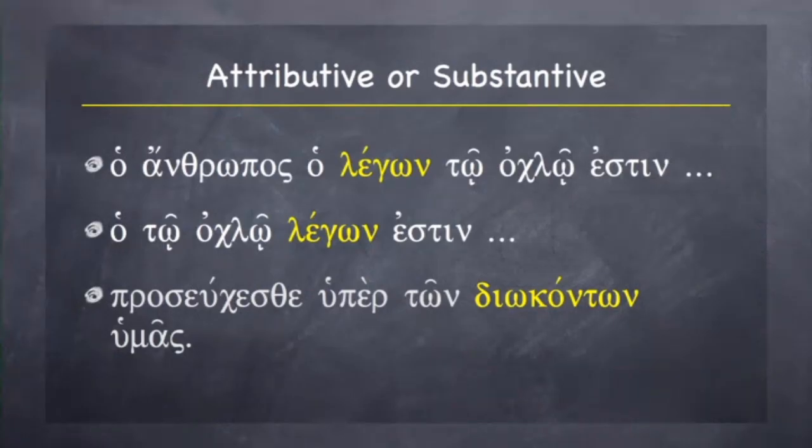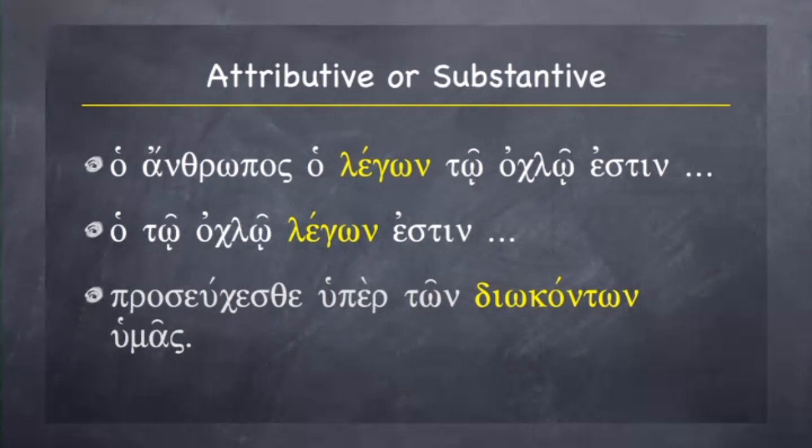In this first one, you go ho anthropos, ho legon, to ochlo estin. Obviously, the participle is legon. So we go, okay, what's the first thing I look at? Well, is it articular or anarthrous? Well, it's articular, isn't it? There's an article right in front of it. But look at the overall construction.